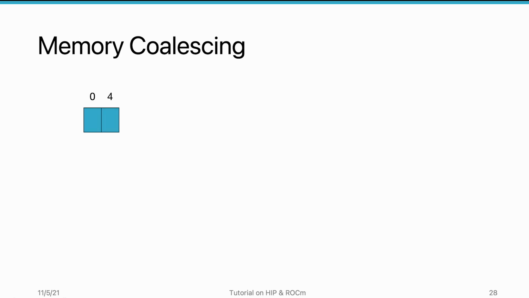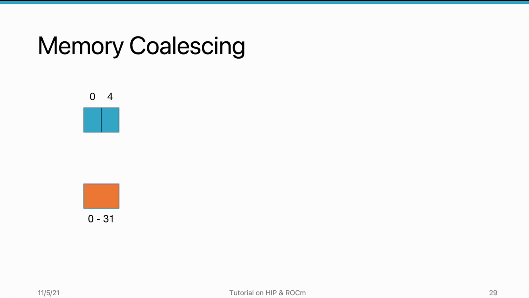So let's explain memory coalescing again using a figure. Assuming we have two threads, one thread is accessing address 0 and the other thread is accessing address 4. Because address 0 and address 4 actually fall within one cache line, and the smallest unit that a core accesses in a cache is a cache line, these two memory accesses can be combined into one memory transaction.